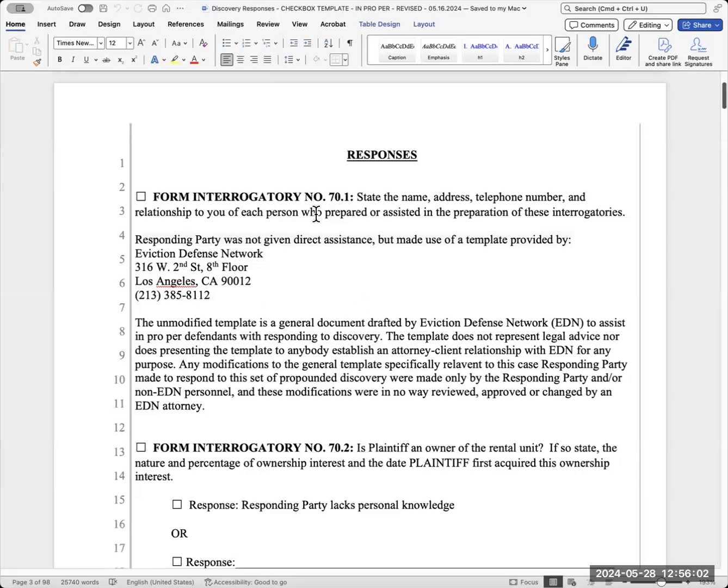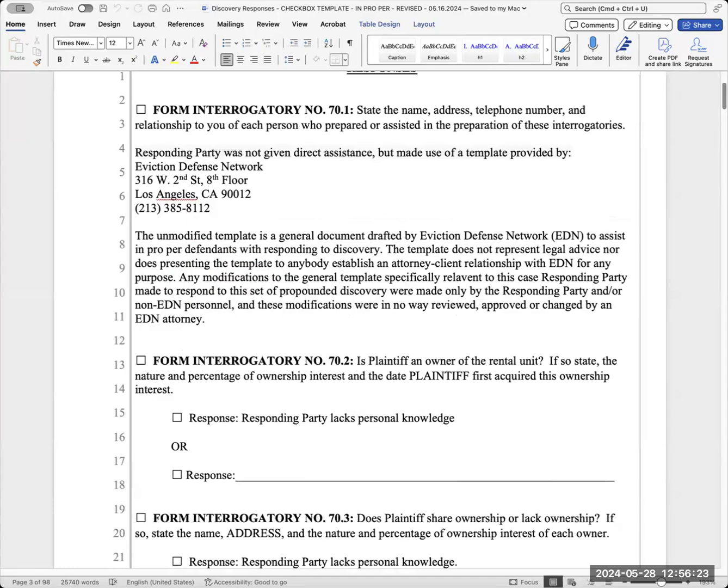We're not looking at your case information here. There's no legal advice given. So you can just use this response, right? Letting them know that the template was given to you, but no direct assistance, meaning nobody looked at your case information and told you, based on your case information, you should put in this answer. Okay. This is just a template for you to use.